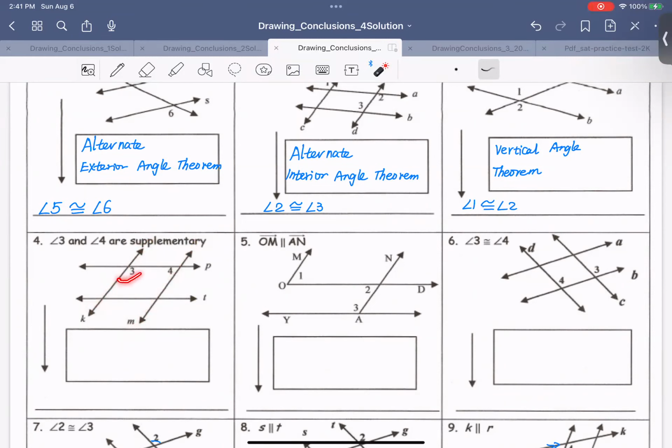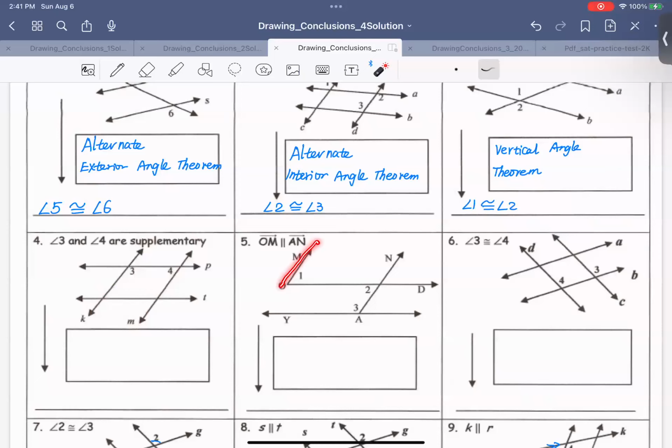But if I say angle 3 and angle 4 are supplementary, then my conclusion saying K parallel to M is because of same side interior angle converse. That's the thing I want you to put over here. That makes sense? Jeffrey, does that make sense? Yes. Okay.